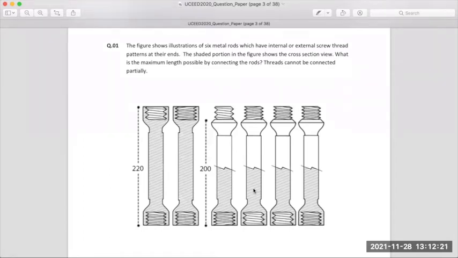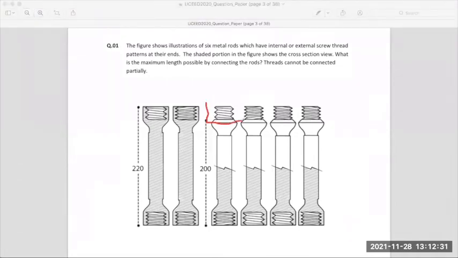Because of the way the screw threads are given, if you look at them carefully, I am marking certain screw threads. They are different from each other. There are 2 particular kinds of screw threads.